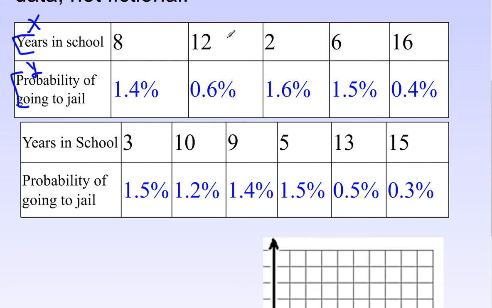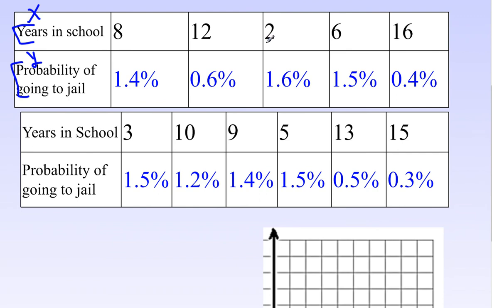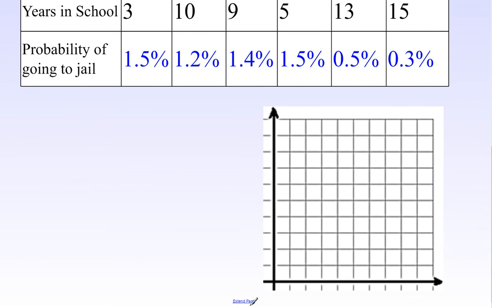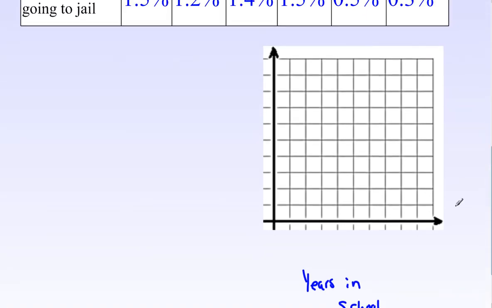So the years of school will be on the x-axis, and 2 is my lowest, 16 is my highest. If I've got 10 spaces, so this is years in school, well, that's definitely going to be 0. 1, 2, 3, 4, 5, 6, 7, 8, 9, 10 won't work.